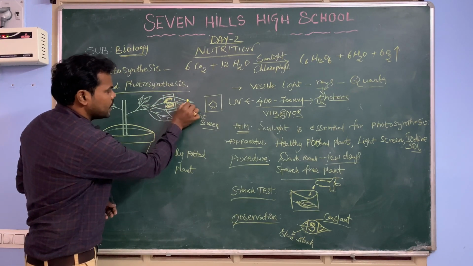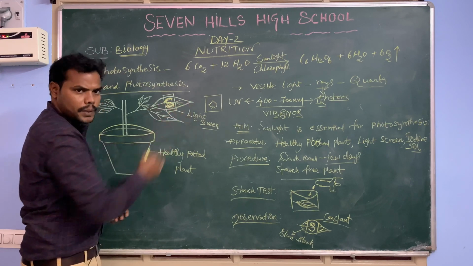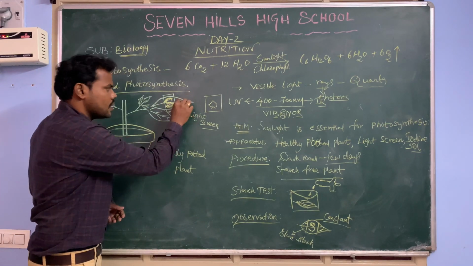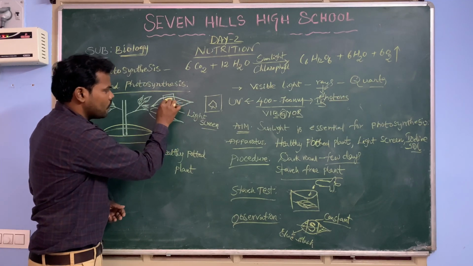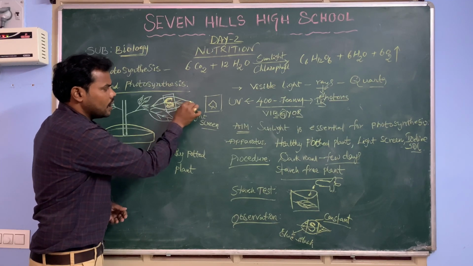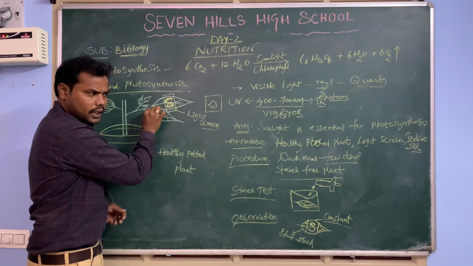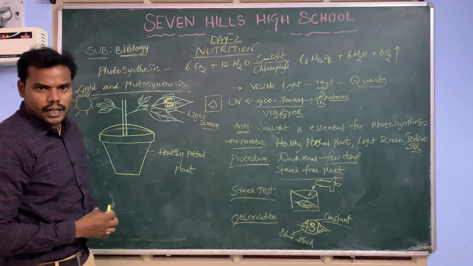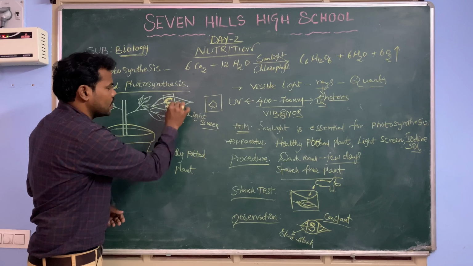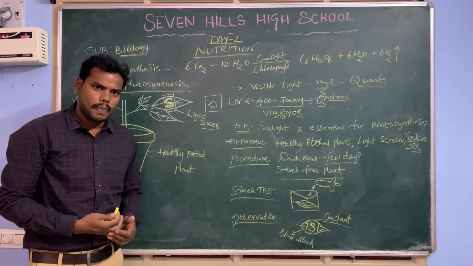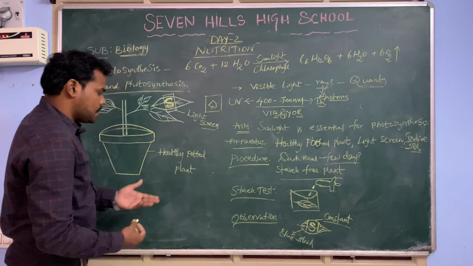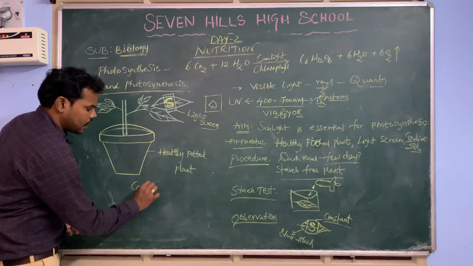And on both sides of the cardboard there is empty space, so there is also a chance of the entry of sunlight. That means only where we cut the design and where the cardboard is not there, sunlight is able to penetrate, and the remaining portion is not. So by this observation we are going to give our conclusion.